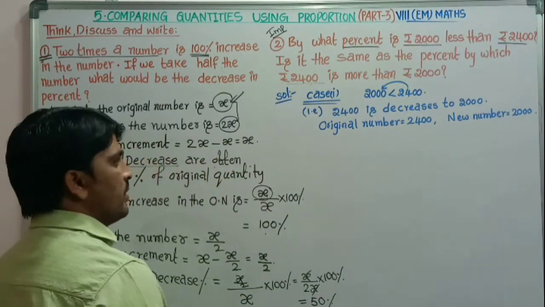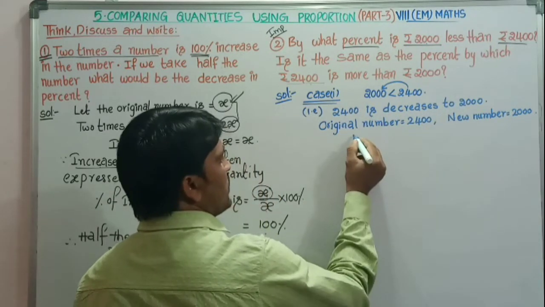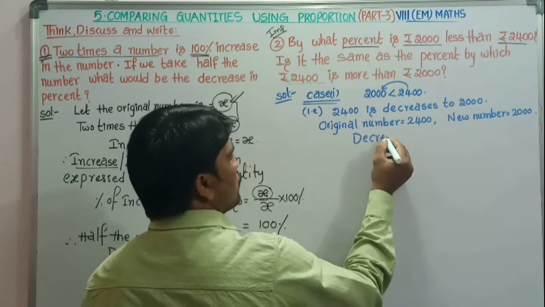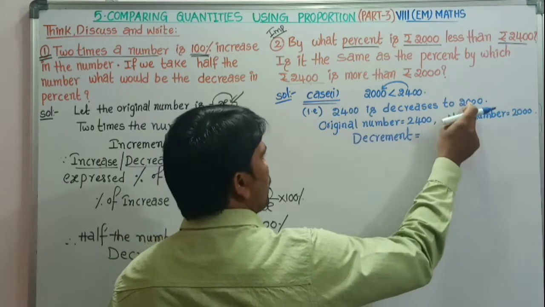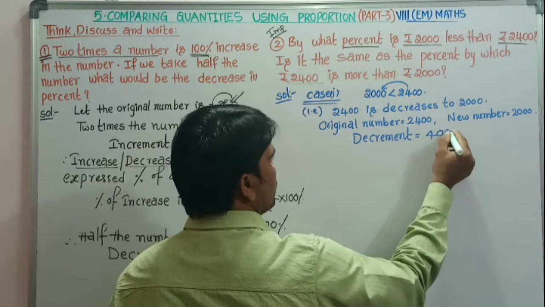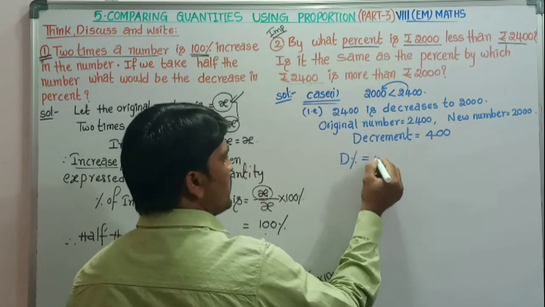Yes, 2400 decreases to 2000. There is a decrement. So the decrement is equal to the difference of 2400 and 2000, that is 400.